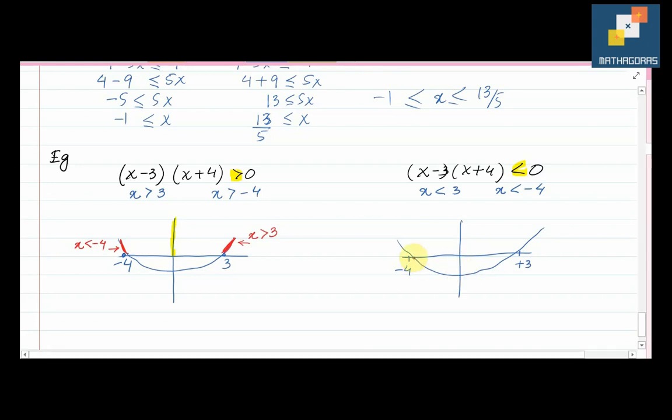That means your region is this curve, the red one, and in this curve your x value should be less than 3 and greater than negative 4. So I will say that x should be greater than negative 4 and x should be less than 3. That is a concept that I have explained separately.